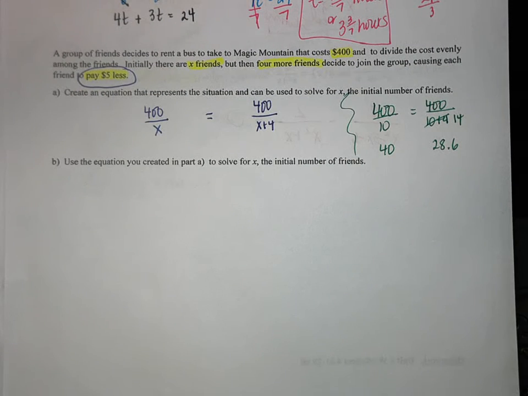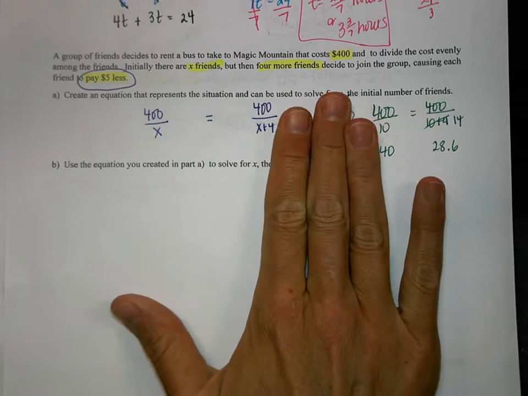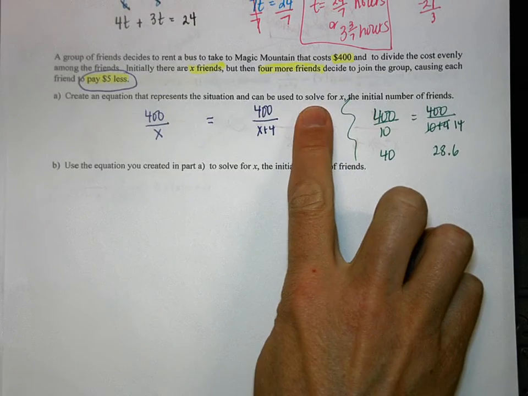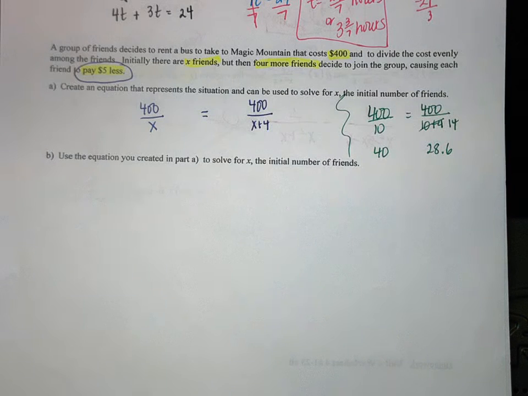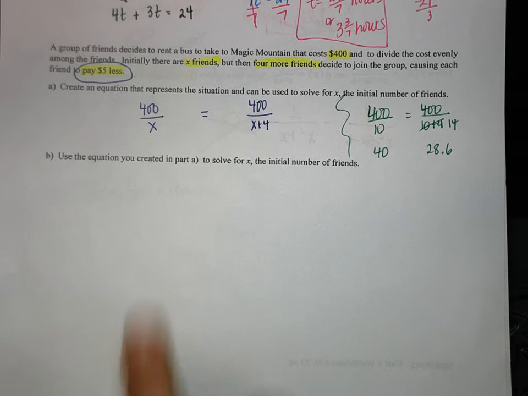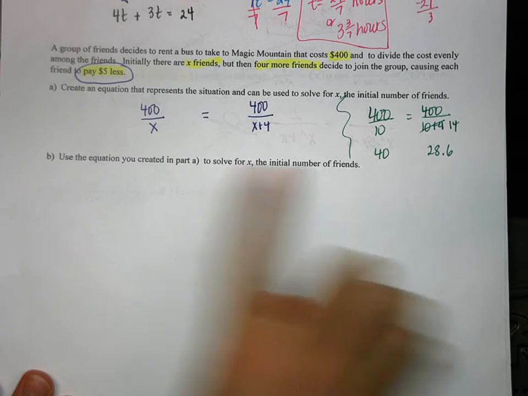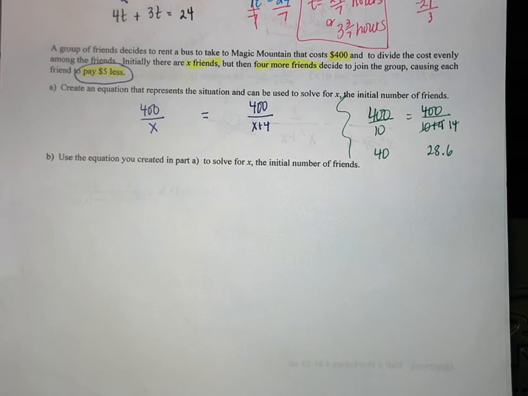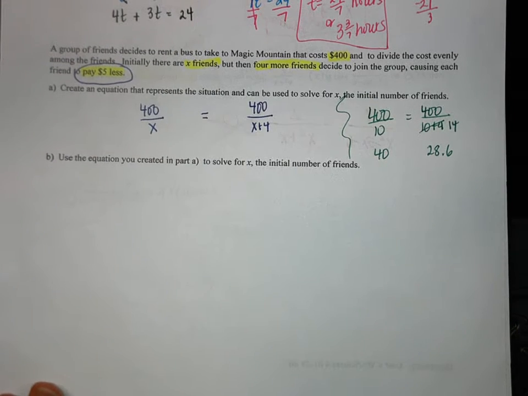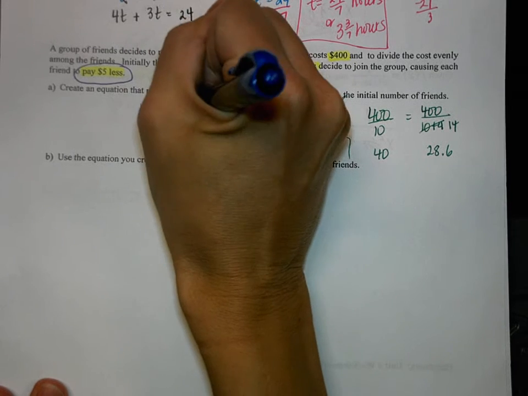The other option you would have is instead of subtracting 5 on this side, you could add 5 on this side. But since it's saying pay less, I feel like you guys would rather do the subtracting 5. And so in order to balance it, you would have to subtract 5 from this side. Does that make sense? Because right now this one is more, and so in order to make it balance, we'd need to make that side less. Yes? Okay, so we're going to write here minus 5.